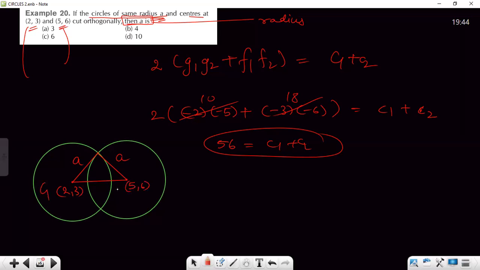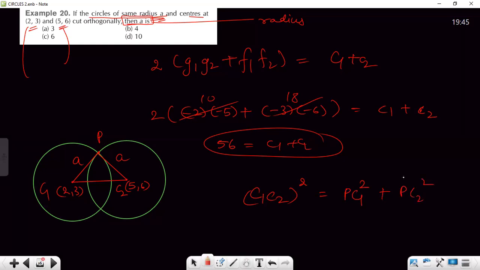Let me call these center 1, center 2, and this point P. One thing that is very unique here is that from the conditions we are going to discuss about two circles intersecting each other, we conclude that the distance between C1 and C2 whole square is equal to PC1 whole square plus PC2 whole square.